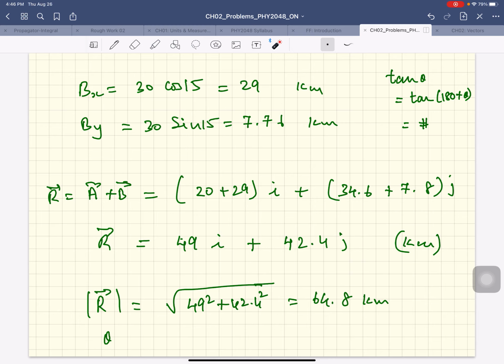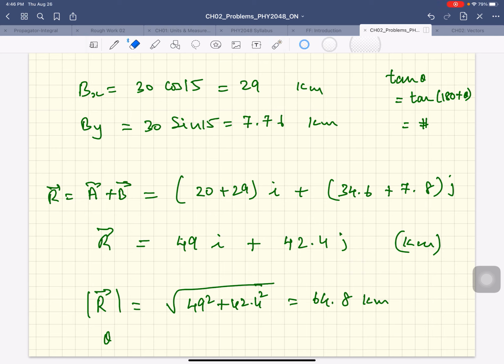And you got to figure out which one is the right solution for you. And the way you figure it out is you look at the components. Both these components are positive, so theta should be an acute angle. Theta should be an angle in the first quadrant. That's how you tell. Okay?